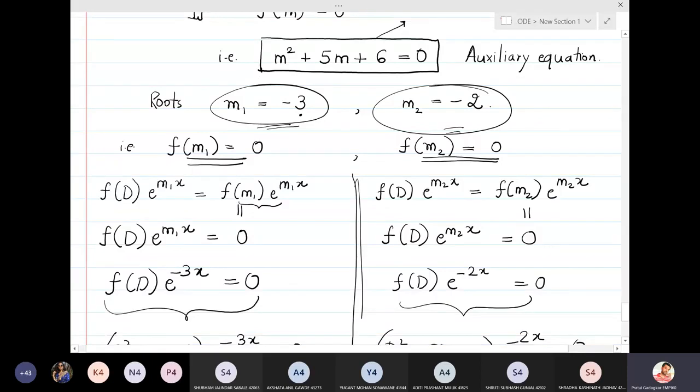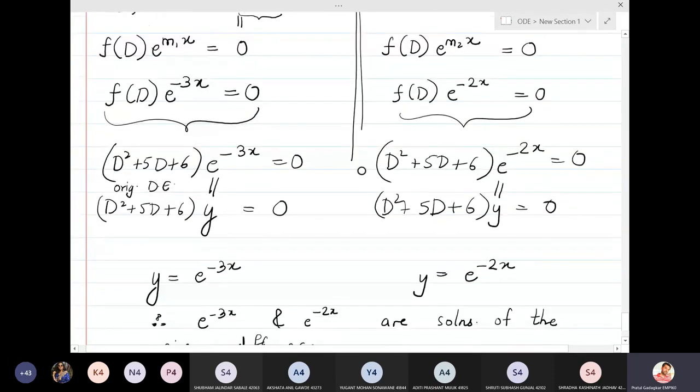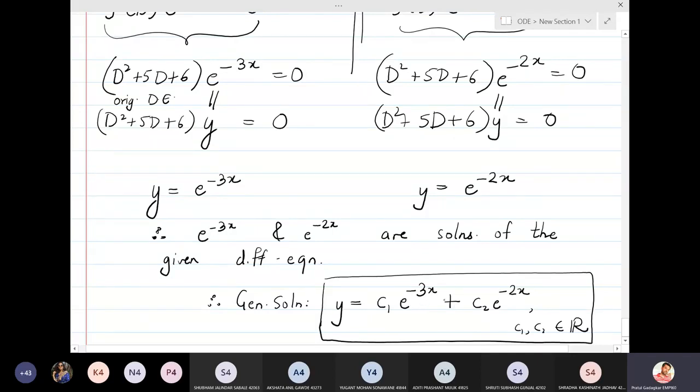I will say that this is always there. And I will directly from this minus 3 and minus 2, write the solution as c1 e raised to first root x plus c2 e raised to second root times x. So this will be the fastest way to reach the solution.